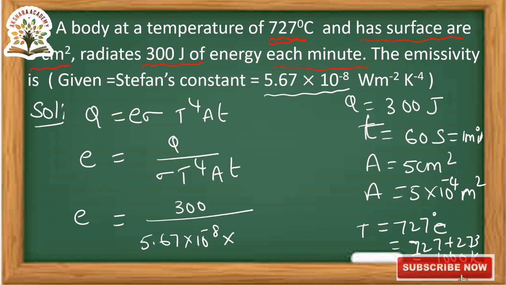So temperature we are writing here 1000 to the power of 4, into A, 5 into 10 to the power of minus 4, into t, 60 seconds.